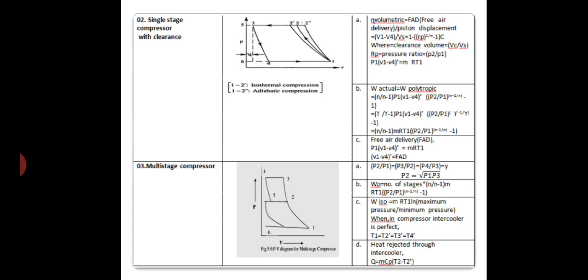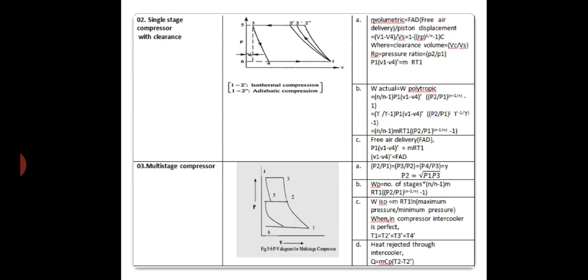In short formula, it is 1 minus Rp raised to 1 upon n, minus 1, into C, where you can see the clearance volume is Vc, Rp is the pressure ratio P2 upon P1, and C is the clearance ratio, that is Vc upon Vs. And we have the relation P1 into bracket V1 minus V4 which is equal to MRT1.